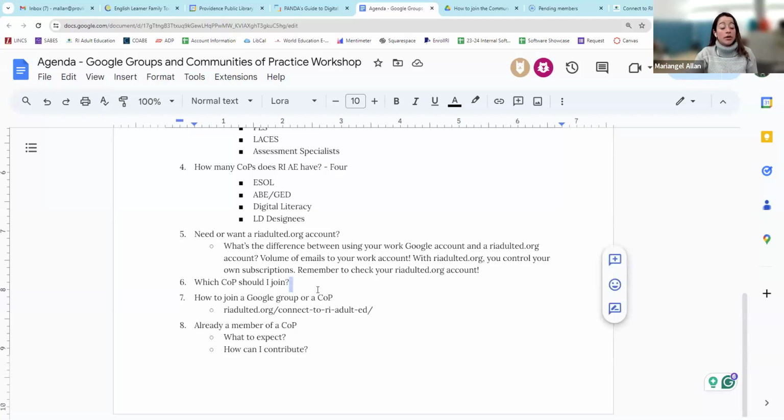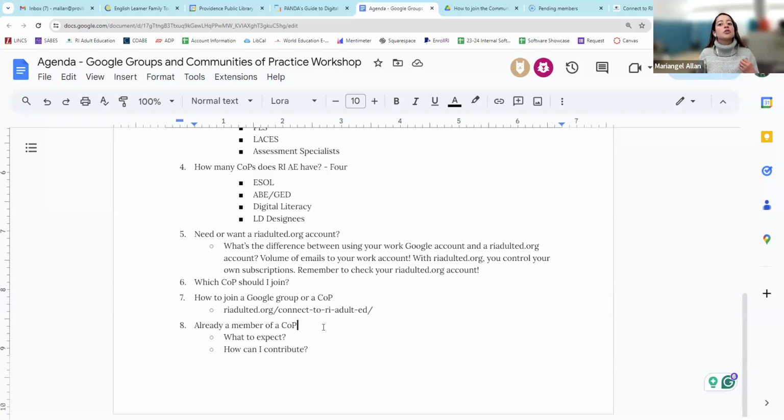Okay, so we talked about already what COPs we should join. You guys already pinpointed that, so that's great. We talked about how to join. All right, so if we are already a member of a community of practice, what can we expect and how can we contribute to it? As we mentioned, with the COPs there will be more interactions, more targeted and deliberate.